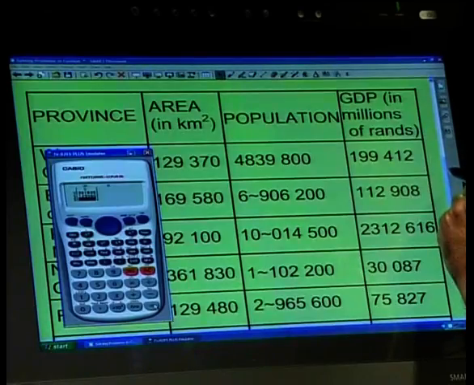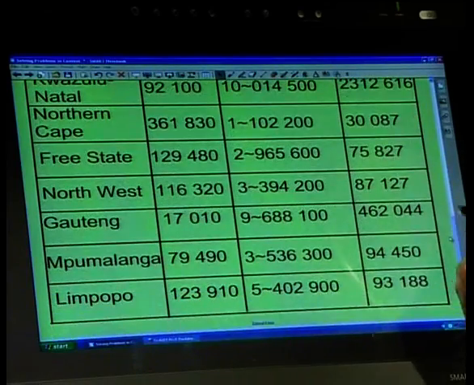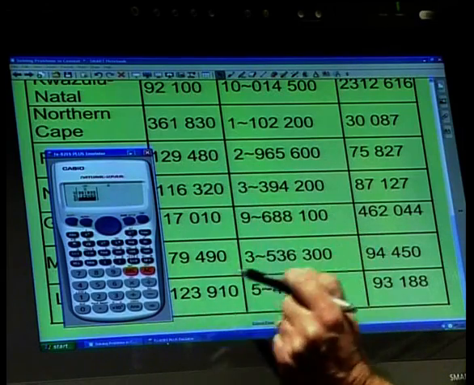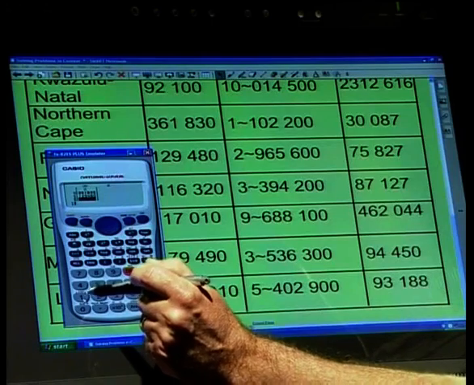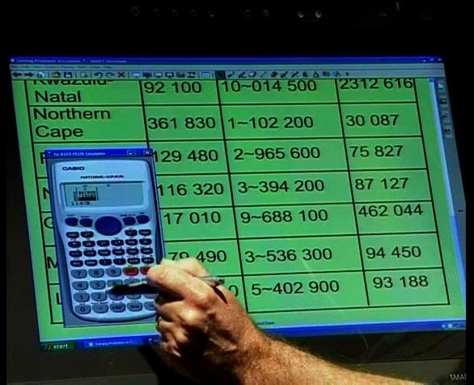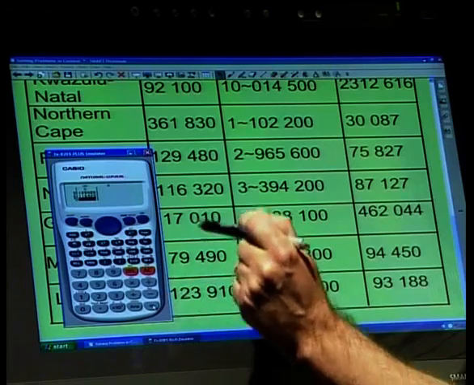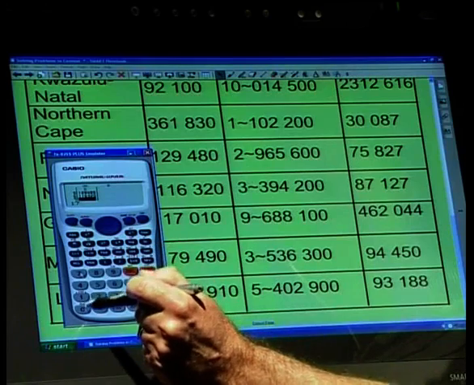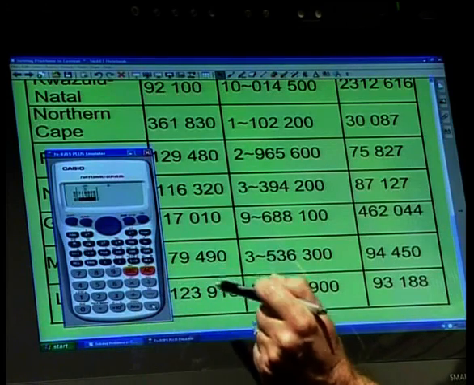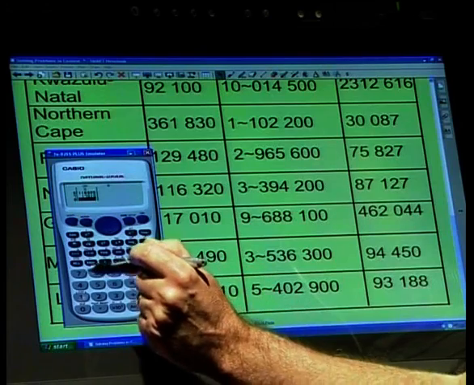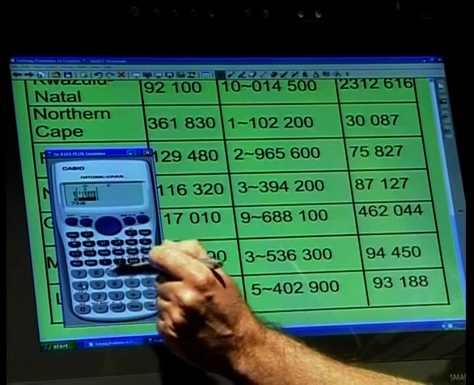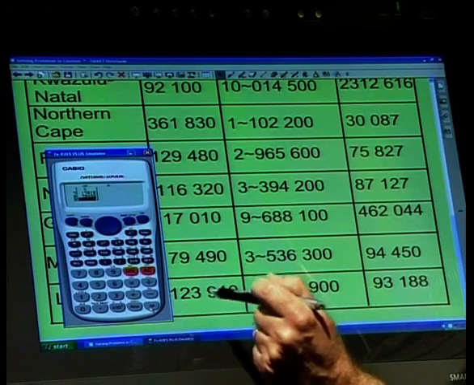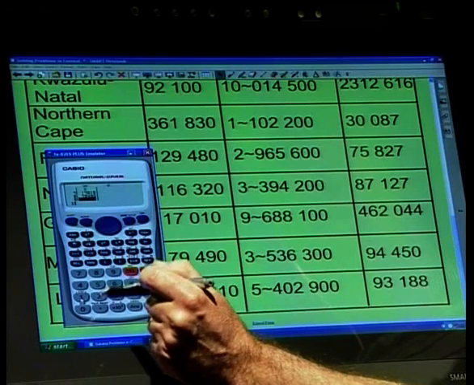And let's scroll down for the last couple of values. 116,320. 17,010. 79,490. And the last value is 123,910.